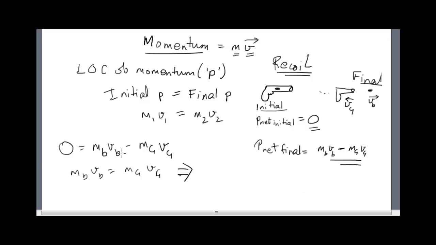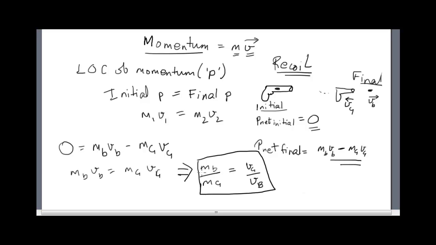So my equation mb vb is equal to mg vg implies I can divide both sides by mg and divide both sides by vg. And when I bring it to the other side, this is what I get. And this is the equation I'm going to be considering to explain to you.